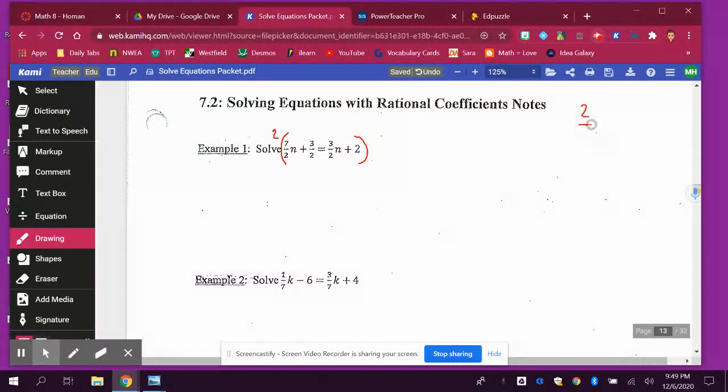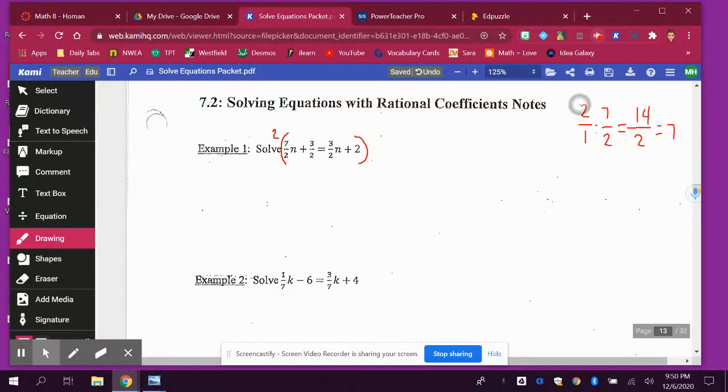If I have 2 over 1, which is what I'm multiplying by, times this 7 over 2, we have 2 times 7 on the top, which is 14, and 1 times 2 on the bottom, which is 2. And 14 divided by 2 equals 7.